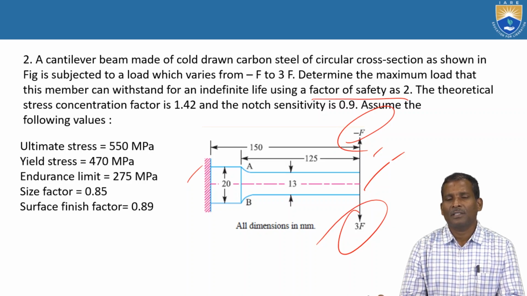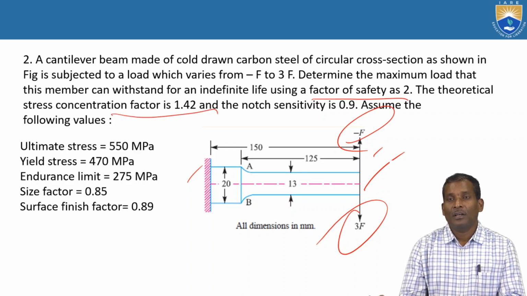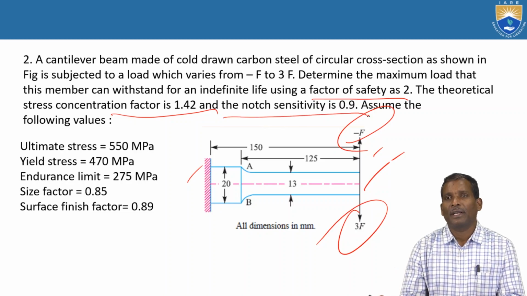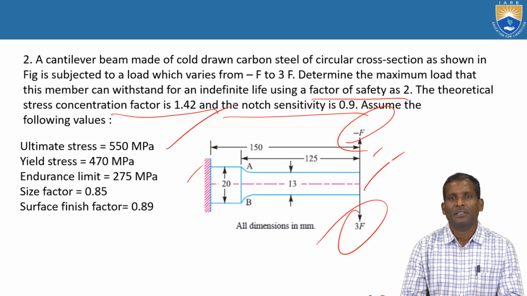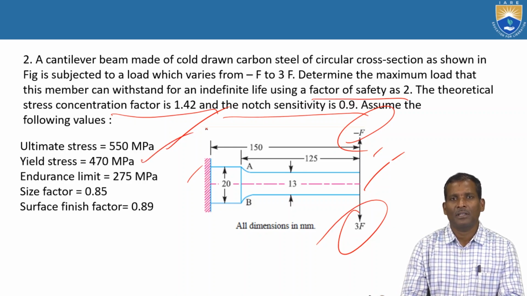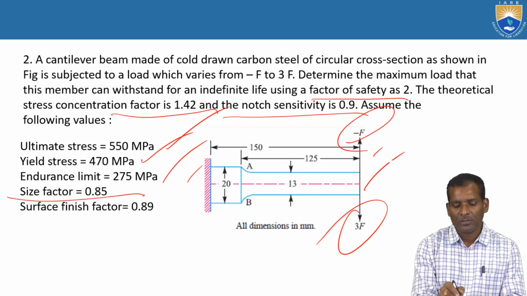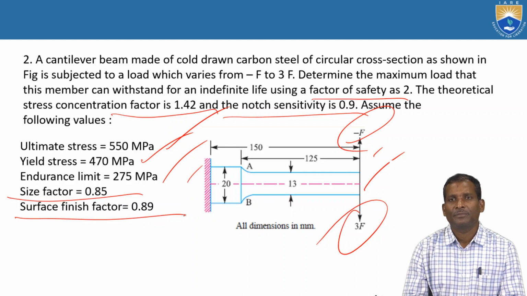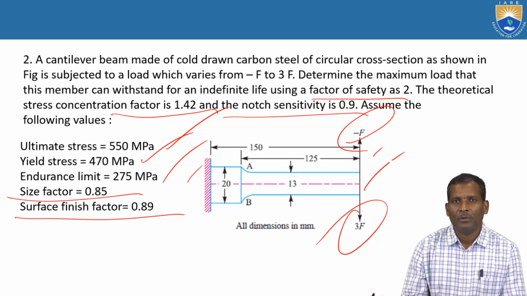The theoretical stress concentration factor is 1.42, and the notch sensitivity factor is also given, 0.9. Assume the following values: ultimate stress is 550 megapascal, yield stress 470 megapascal, and endurance limit is 275. Size factor and surface factor are also given. So all values are available in this problem. No need to assume.